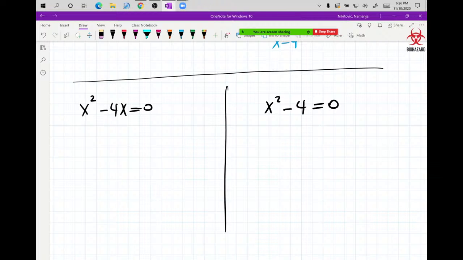Can anyone tell me what the 4 different types of factoring are that we talked about in this course? In other words, did anyone study anything from chapter 6 yet? What are the 4 factoring techniques that we learned in chapter 6? What's the first one?